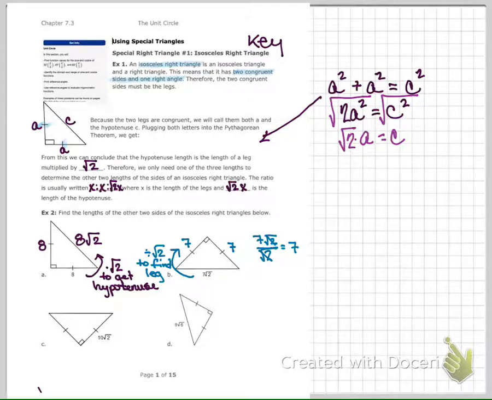So let's go to C. This one looks a little different because we've got that square root of 2 part. You guys, this is still the leg. So we know that this other leg is the same length, 10 times the square root of 2. Again, we're going to do the same thing we did up top. We're going to multiply by square root of 2 to find the hypotenuse.